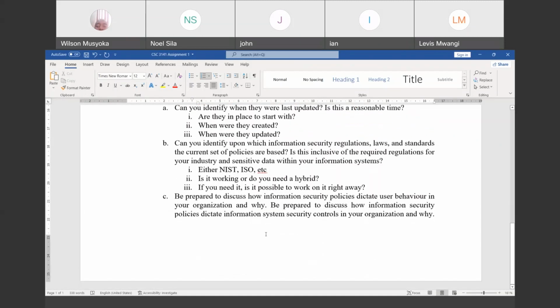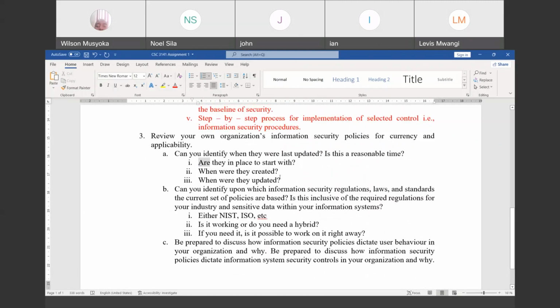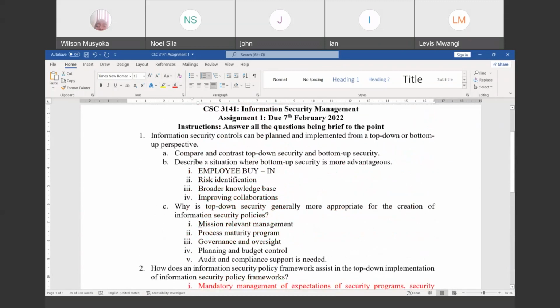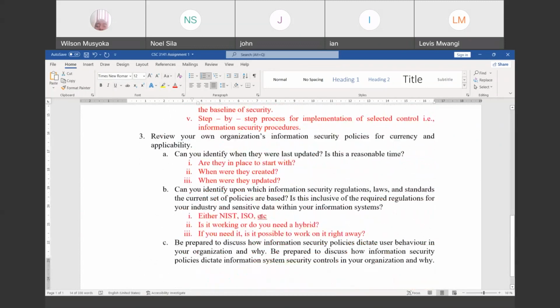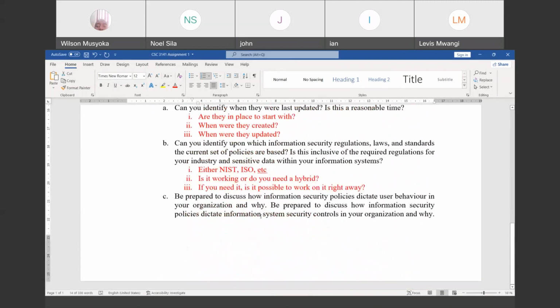Are there bureaucracies which are going to prevent you from implementing it right away, or is it something that you can work on very quickly? So that is how you answer that question. At least I know you already answered the quiz one, but when we come to the second quiz, then you can see how you can answer.